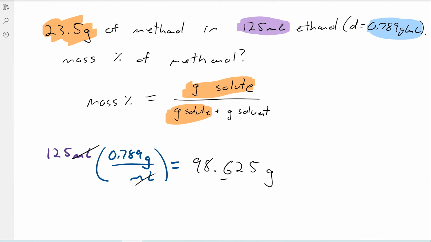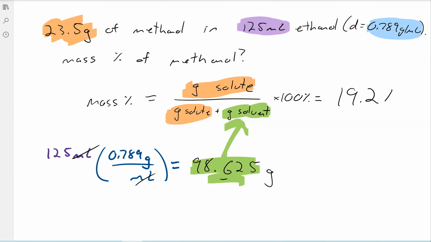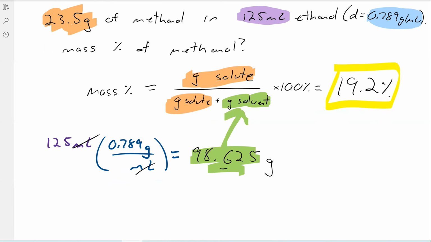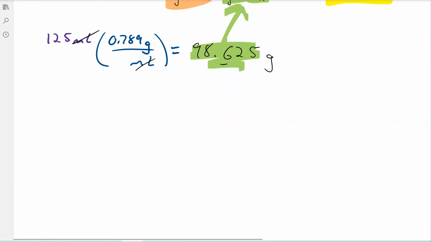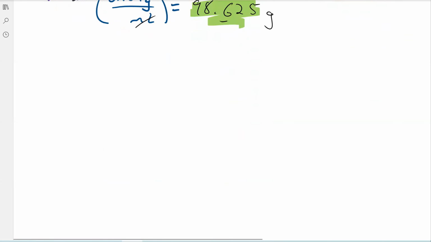And then you take this value right here, plug it into your grams of solvent, multiply it by 100%, and you should get 19.2%. None of this should be totally new. Again, it's just unit conversion with now just a new type of unit.